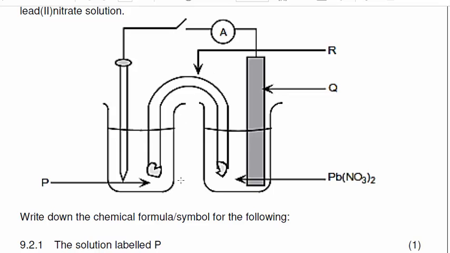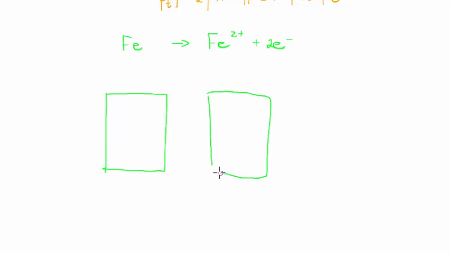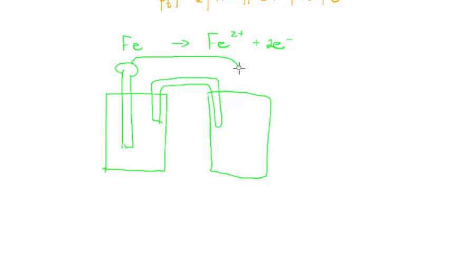Let's look at this whole thing and see what is happening. Let me redraw it. Before we answer the questions, let's put in the information and see if it is helpful. So here's my salt bridge, my iron nail connected to something.